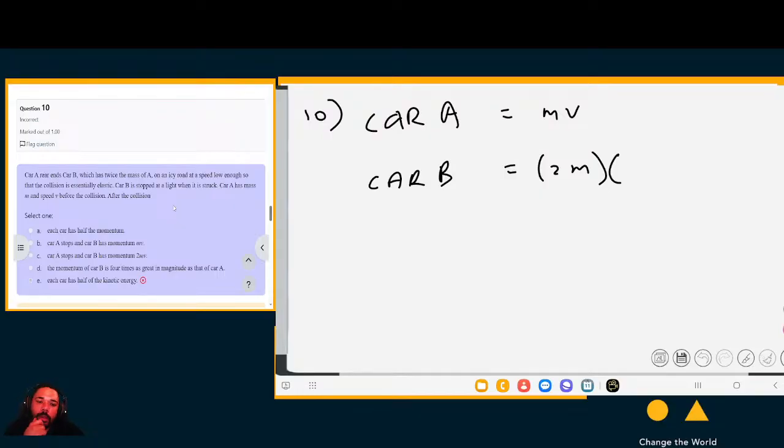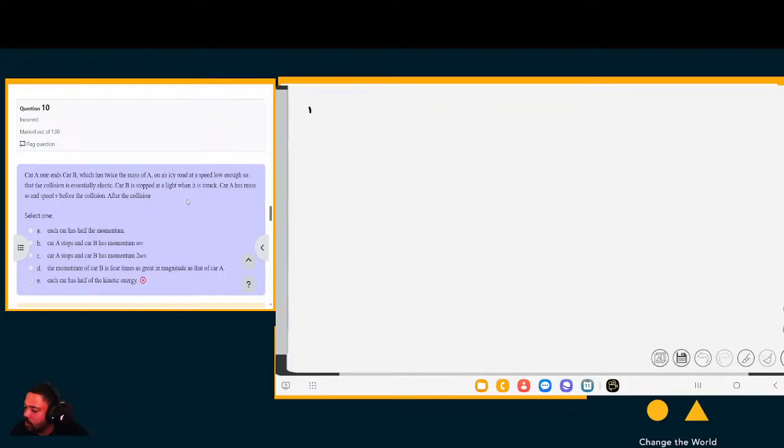Car B has twice the mass of A. Car B moves, all the momentum is elastic, so it is transferred, the speed is transferred. I'm not explaining that good enough.